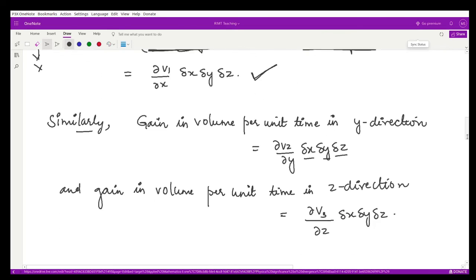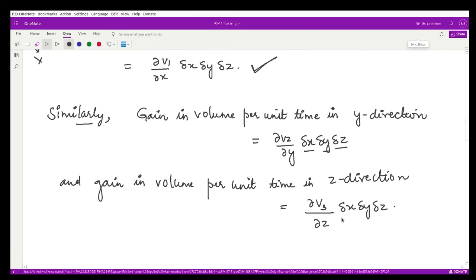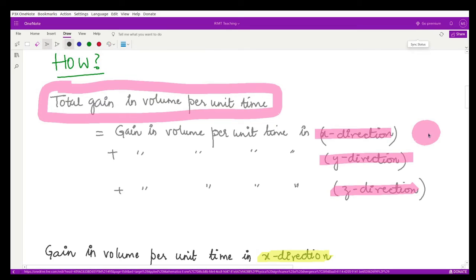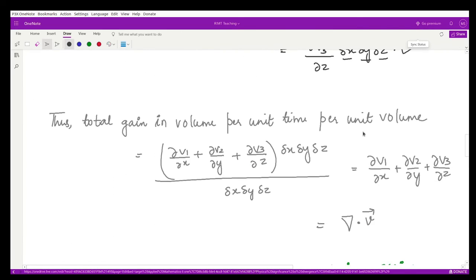Similarly, in the z direction, it would be del V3 by del z, del x, del y, del z. Now you have three components, so you can add up all these components. You will have the total gain in volume per unit time, the addition of all these three.